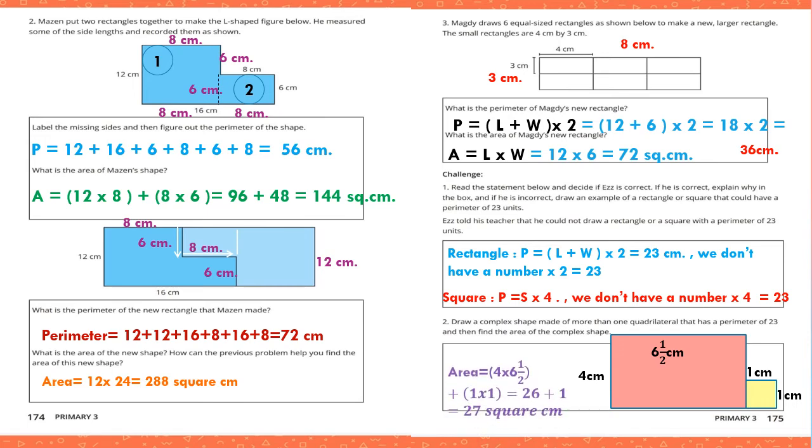Now let's try to get the area. The area will be length times width of the rectangle. So 4 times 6.5 plus side length times side length of the square, which is 1 times 1. So 26 plus 1 equals 27 square centimeters.